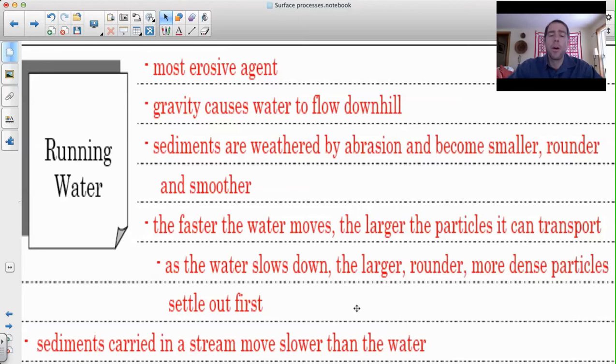So when that stream gets to a place, instead of being really steep where it's moving fast, when it slows down and it's in a more flat place, the stream doesn't move as fast, and so those particles start to settle out, and they settle to the bottom of the stream or to the bottom of a lake if it gets into a lake. Okay.